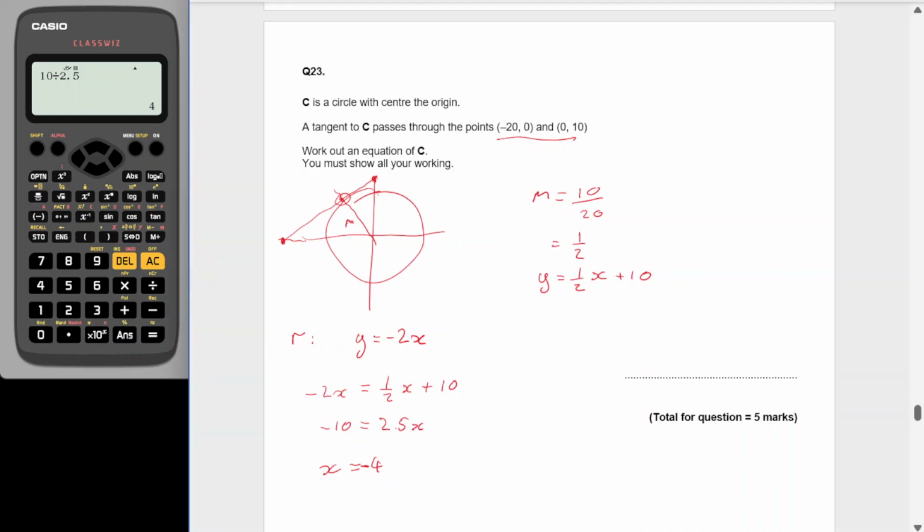So the coordinate there is going to be minus 4, and the y coordinate is going to be 8.